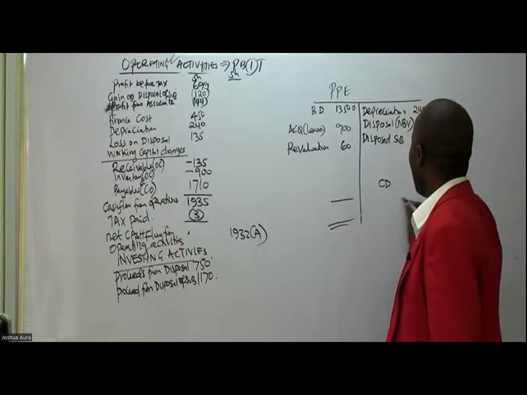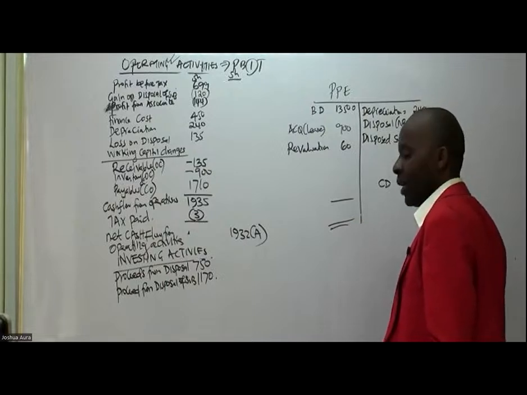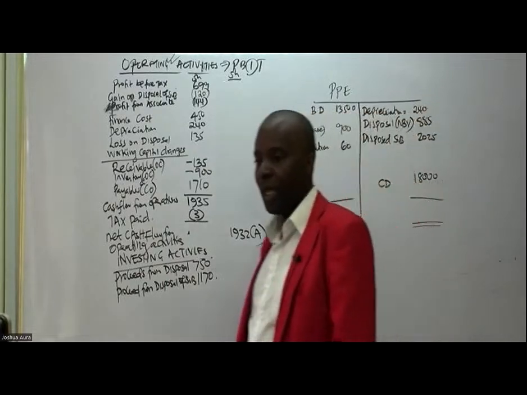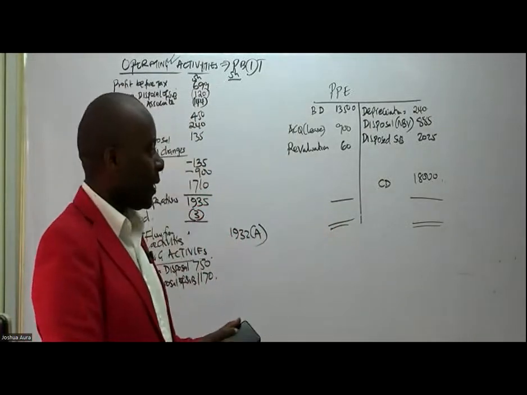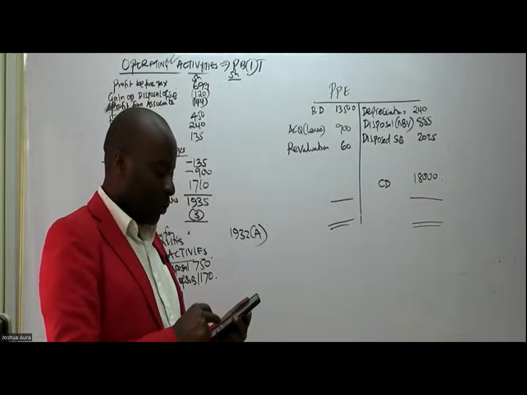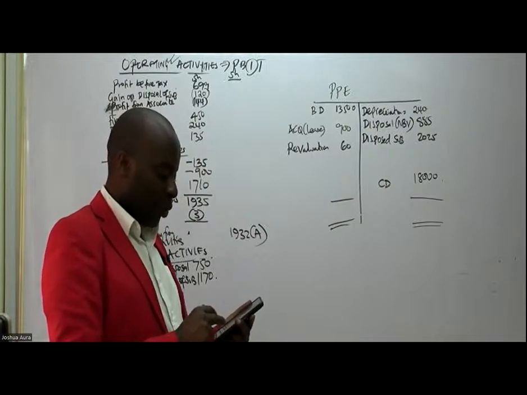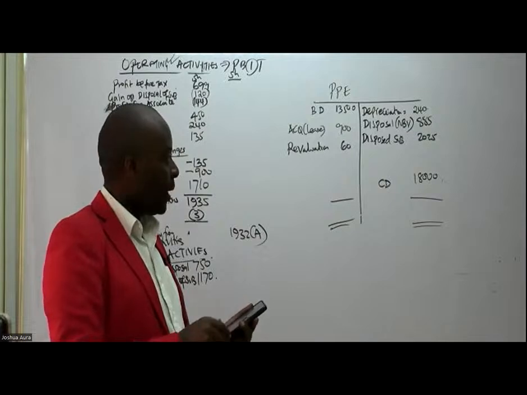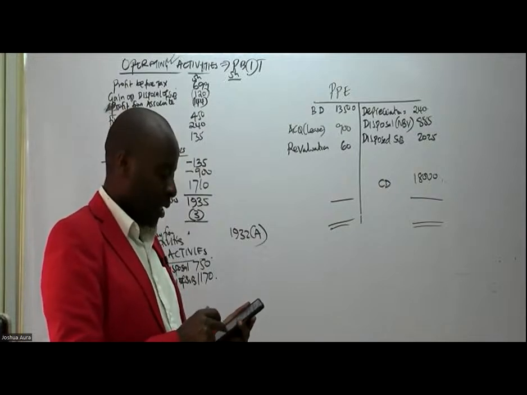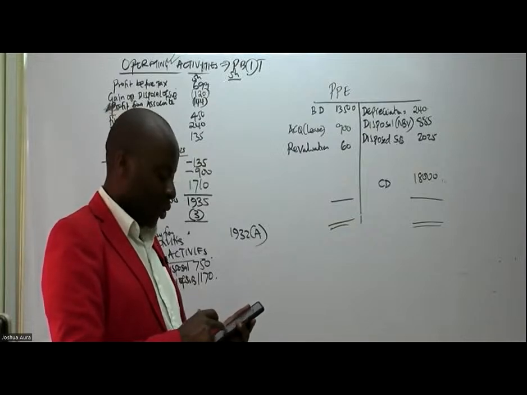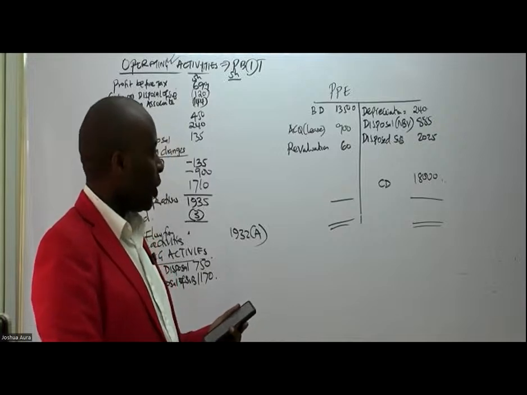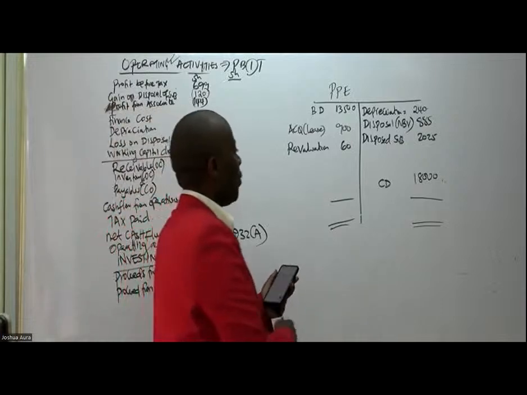I think we have been able to factor in everything, so come and give us the PPE balancing figure. We have 240 plus 885 plus 2025 plus 18,000, which gives me 21,150.